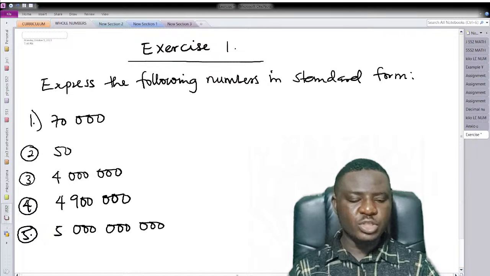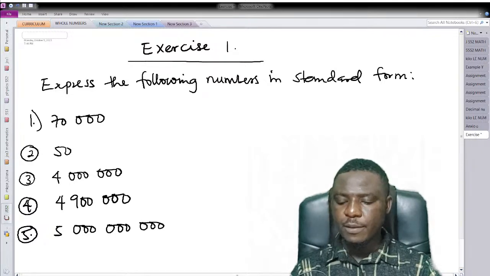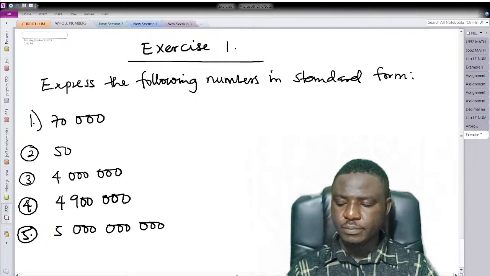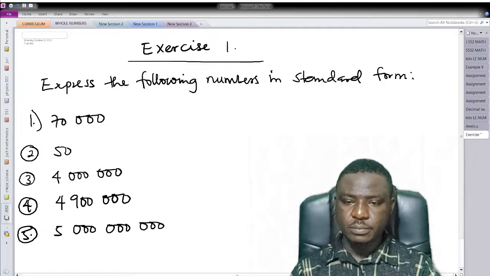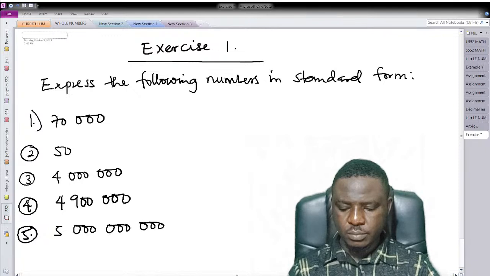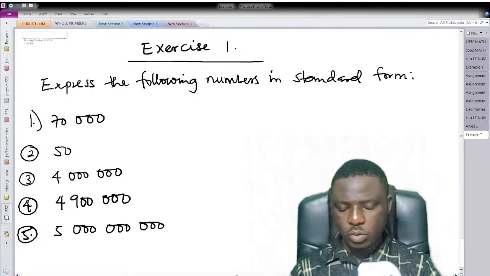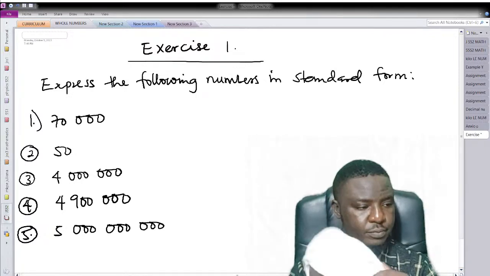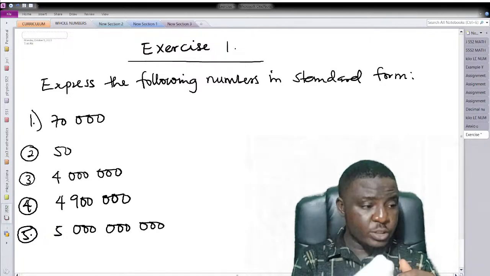Miss Ebon, what's the solution to question number 4? Answer to question number 4, please.